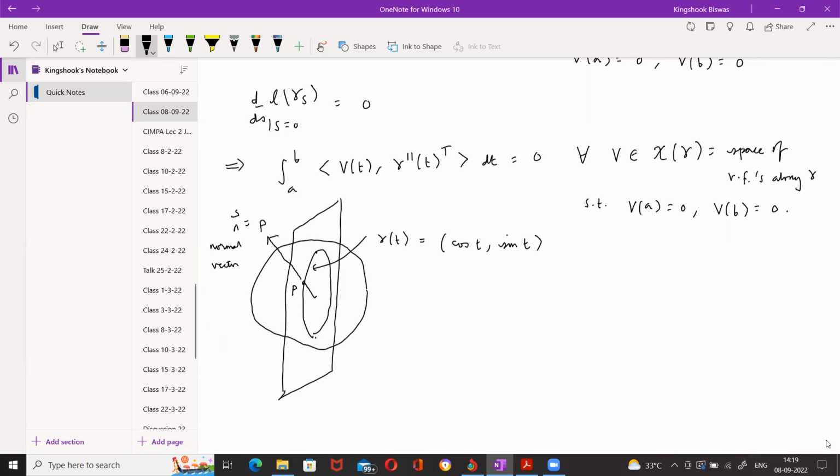It's just a circle in a plane. So I'm choosing orthonormal coordinates, which means I choose an orthonormal basis of this plane, and with respect to that basis, I get X and Y coordinates. So I can write gamma with respect to those coordinates as cos t, sin t. So then what will gamma double prime be? Gamma double prime will be just minus cos t, minus sin t, right?